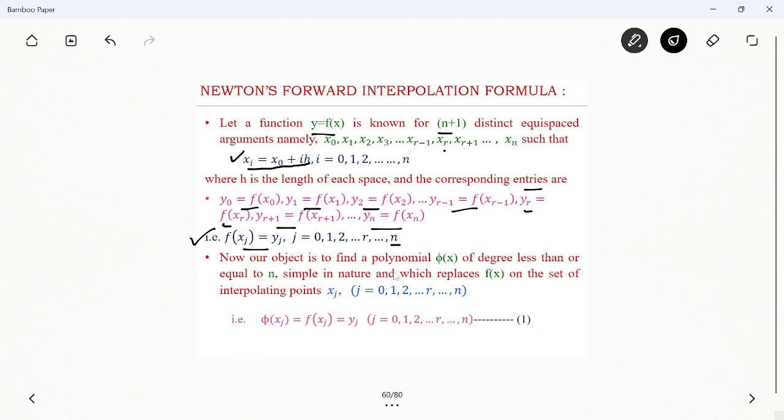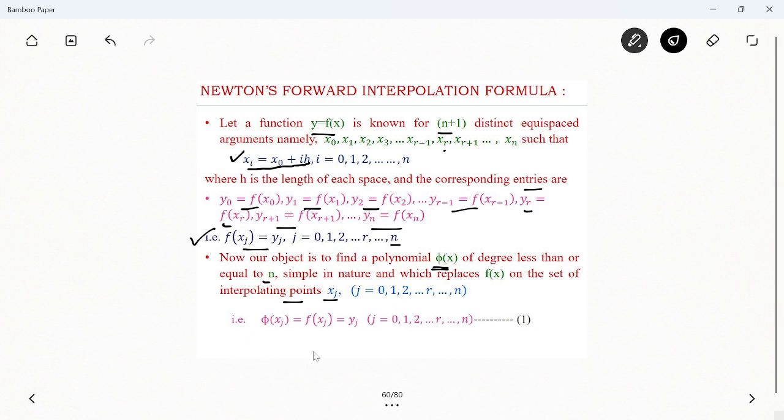Now our objective is to find a polynomial phi(x) of degree less than or equal to n, simple in nature, which replaces f(x) on the set of interpolating points xj. The interpolating points are xj, j from 0, 1 up to n, that means x0, x1, x2 up to xn.